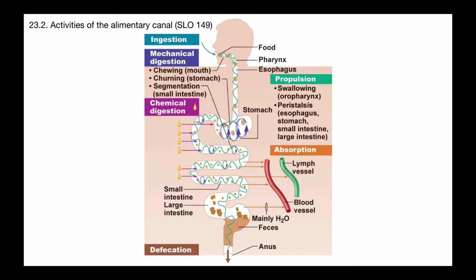So there are a few functions that might seem overly picky, but I want to make sure we're all on the same page. Especially, ingestion is pretty straightforward. It's getting the food into the mouth. I suppose I should define at the very beginning that the alimentary canal is this pipe that goes from the mouth to the anus, and you can think of it as sort of a disassembly line that the food goes through in whatever time that it has.